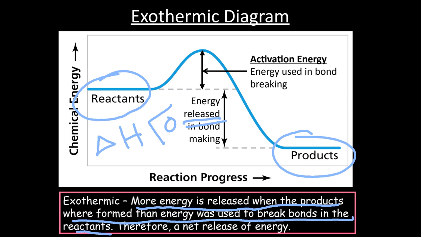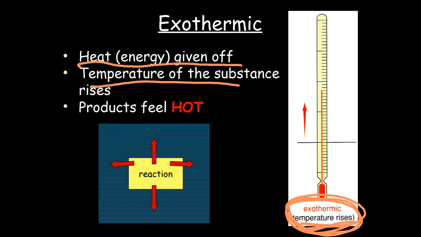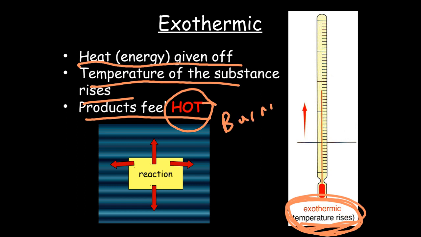In exothermic reactions, as you can see here, we have an increase in temperature. The temperature rises. So heat is given off, temperature rises, and products feel hot, like in the case of burning of fossil fuel.